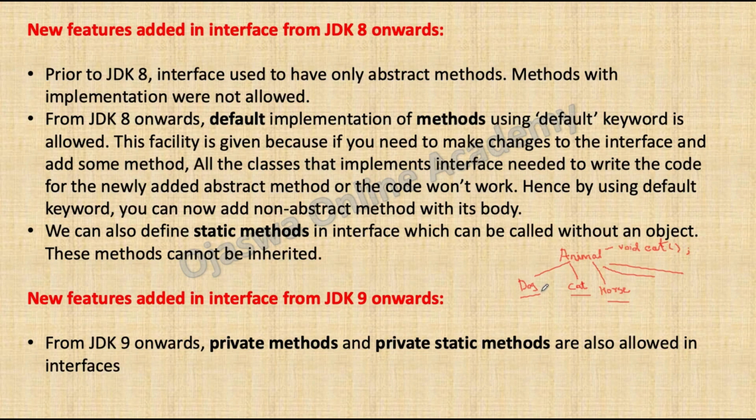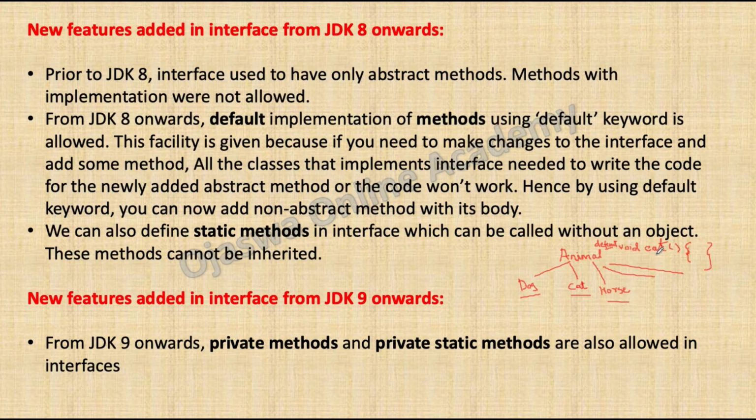So to solve this problem, JDK 8 came up with a solution where if you want to add a new method to the interface, don't declare it as abstract. Just write the code for the newly defined method using the default keyword so that these classes won't be disturbed. So now when I want to add a new method eat, I will give implementation for this method using the word default in its definition.